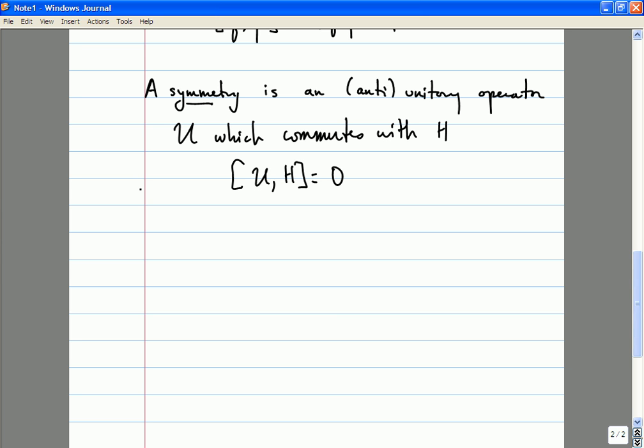Let me first make a few more statements about the general structure of symmetries in quantum mechanics, just in order to make the analogy with classical mechanics a little bit more precise.